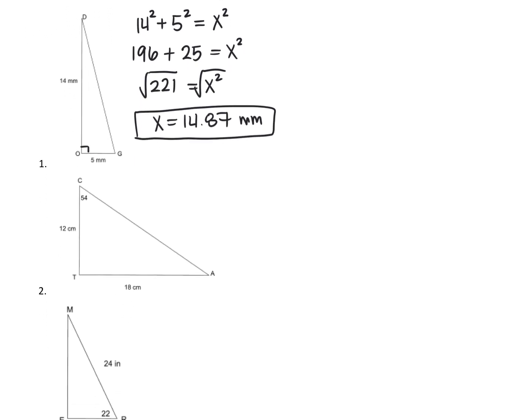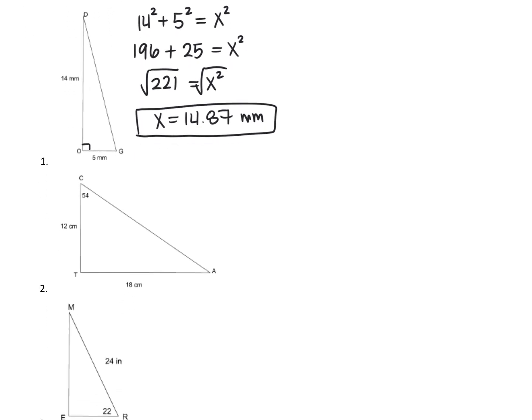Our next example, I'm going to be solving for the measure of angle A. I know two of my side lengths. I know the one angle is 54 degrees.